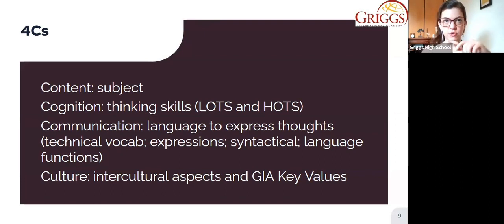Are they going to develop a project, a text, a poster? Are they going to discuss a subject, a text, a video, an idea, a quote? What are the thinking skills?